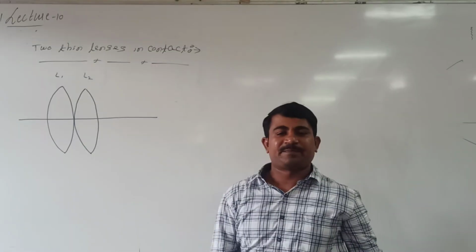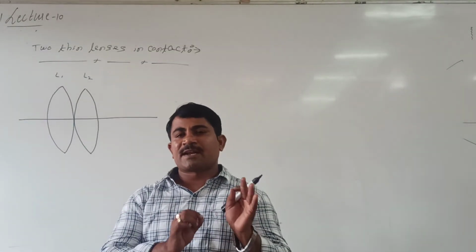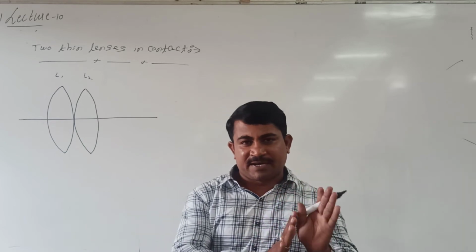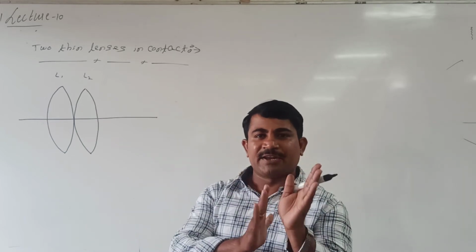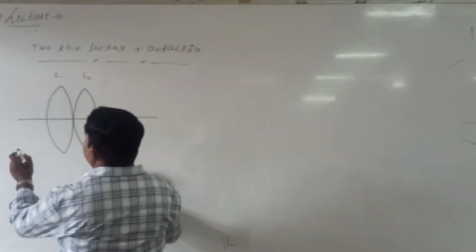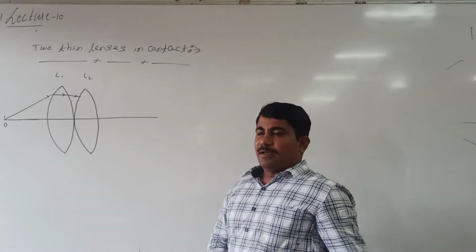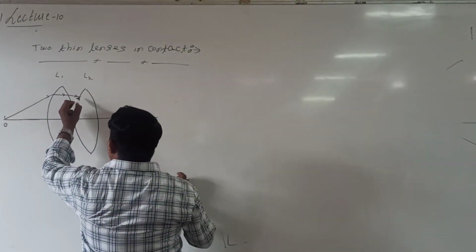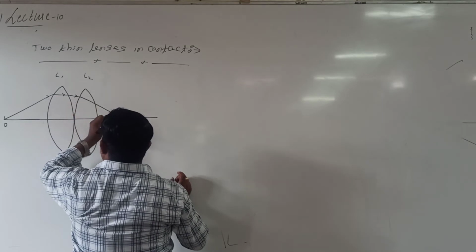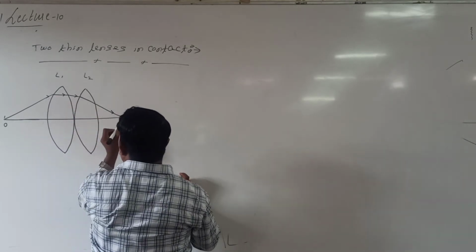Now consider the ray of light incident and getting refracted. See here. Now consider one object situated on the principal axis. From this the ray of light is incident. After incident the ray of light gets refracted. After refraction it must come like this. Again at the second lens the ray of light is refracted, and after refraction the ray of light meets on the principal axis.